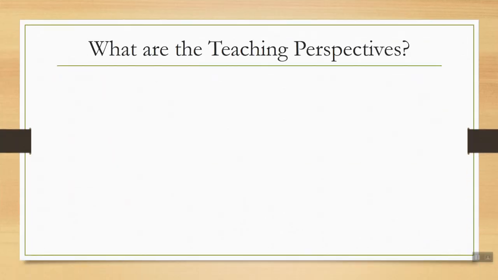So we'll start with what are the teaching perspectives? The first perspective that we'll look at is the developmental perspective. In this perspective, there's a clear understanding and appreciation on the part of the teacher for the student's cognition in relation to the content.